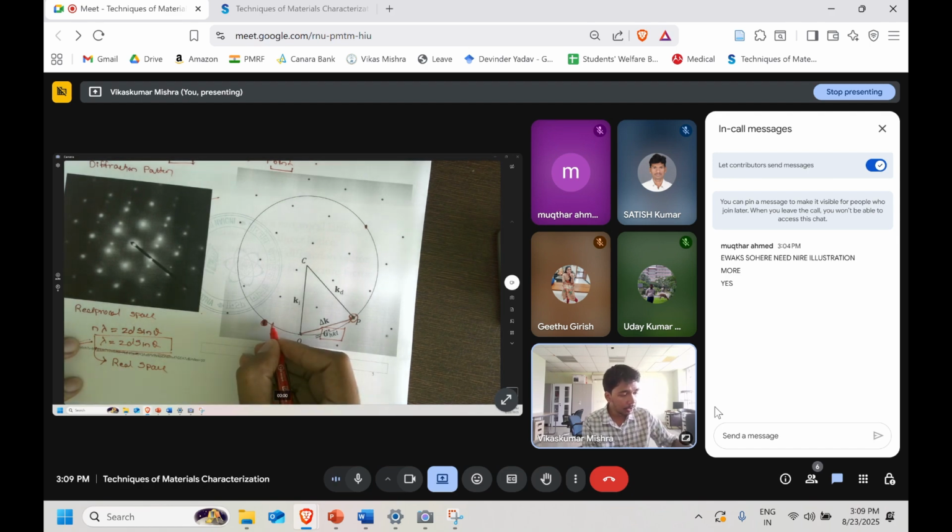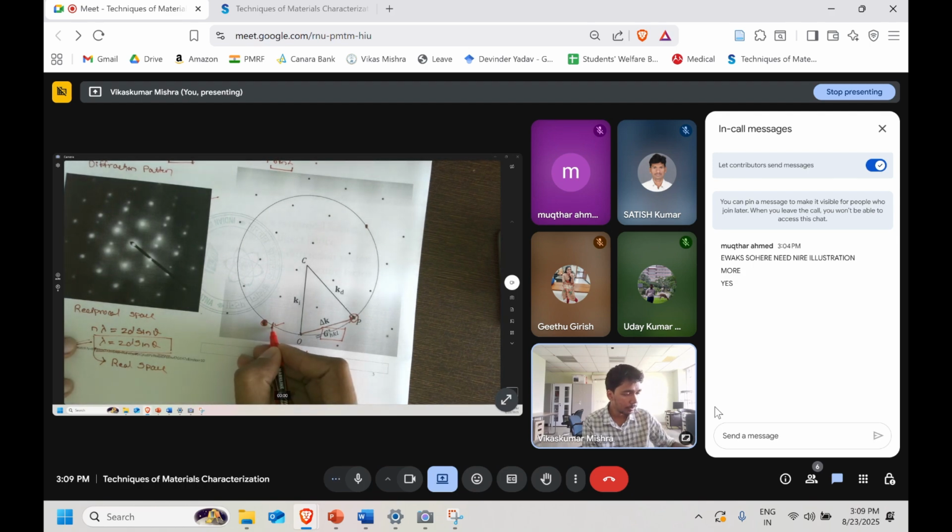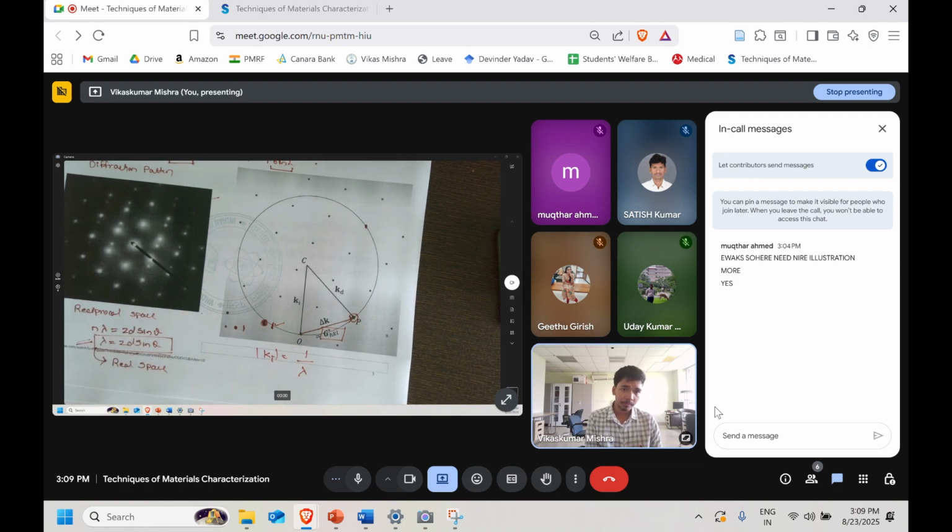So in that case, this will also undergo the diffraction phenomena. This usually happens when the reciprocal lattice points, instead of being points, take some dimension and elongate in one of the directions. It will happen if you keep on reducing the size of the crystal.